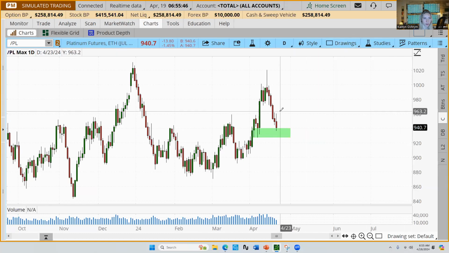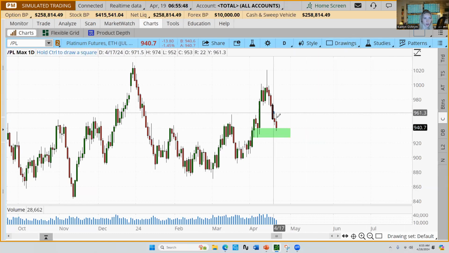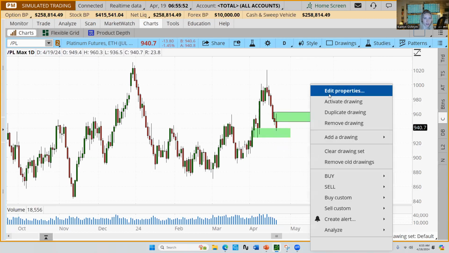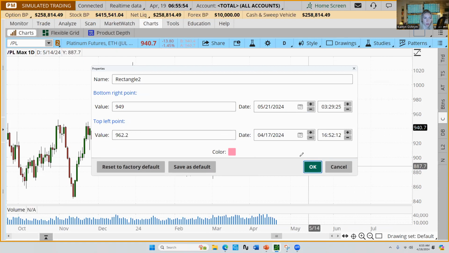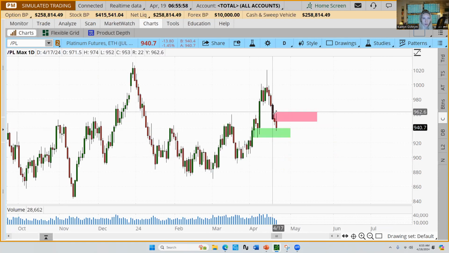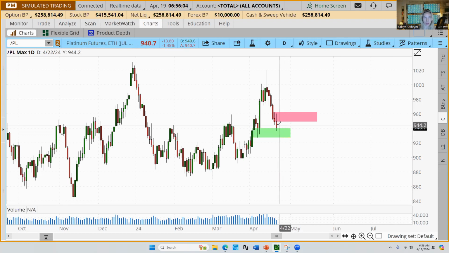There's also selling wick area up here. So you can see where Patrick's looking to go long is in a wick area. So we would need an entry. Be careful because we're forming selling wicky areas on this down move. So our profit potential may be limited as we get to the pink box.